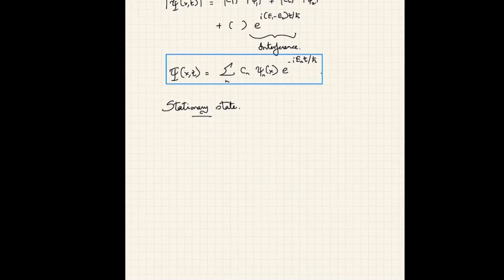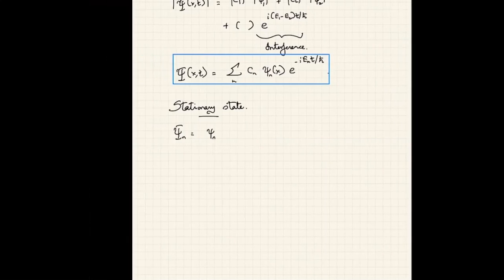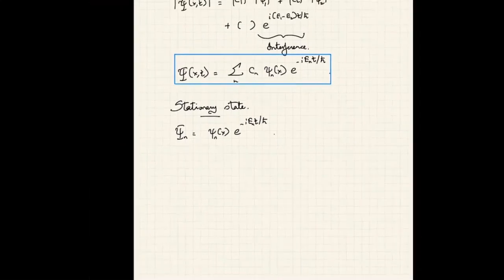So consider each one of these stationary states, okay? Let us consider a specific psi n, which is equal to psi n of x, e to the minus i En t over h bar. So let us say that I'm preparing the system in this particular state, and I'm calculating the expectation value of some operator A. What is the definition?